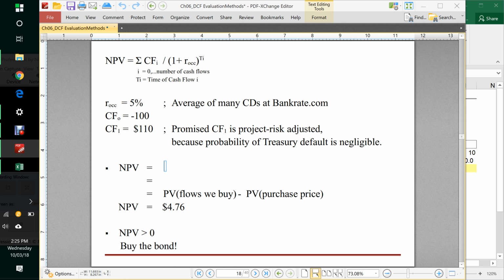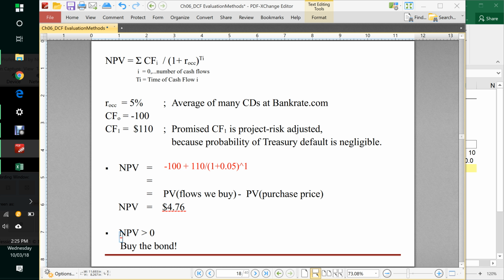So let's see if we can get the NPV for this. I'm working off the formula up above. I start with my minus 100 and then plus 110 divided by 1 plus 0.05 raised to the power of 1, it's a 1-year deal. And if you work that out, you will find that you get $4.76.